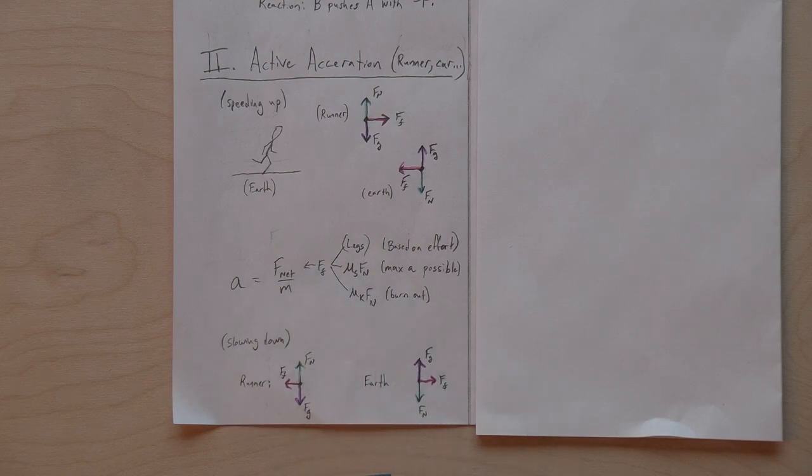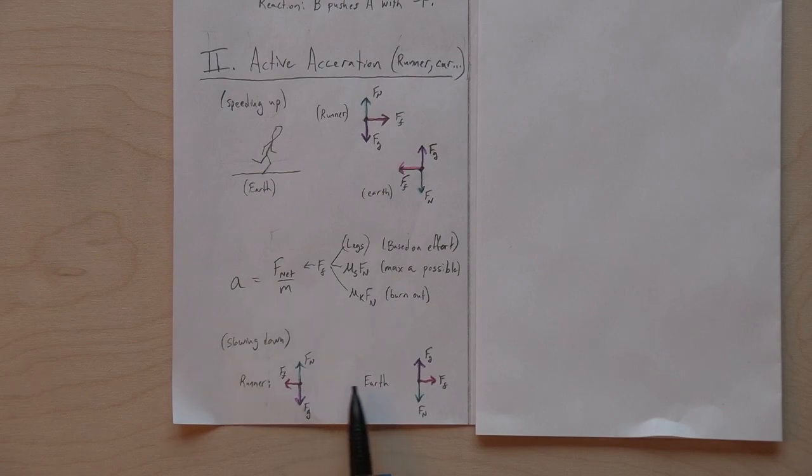So you could plug that in and get the acceleration at burnout. Those are the possible numbers you plug into this F net. Now when the runner slows down, the runner again interacts with the Earth.